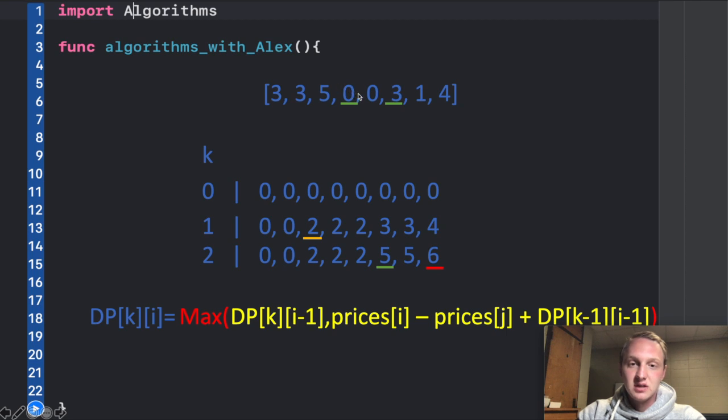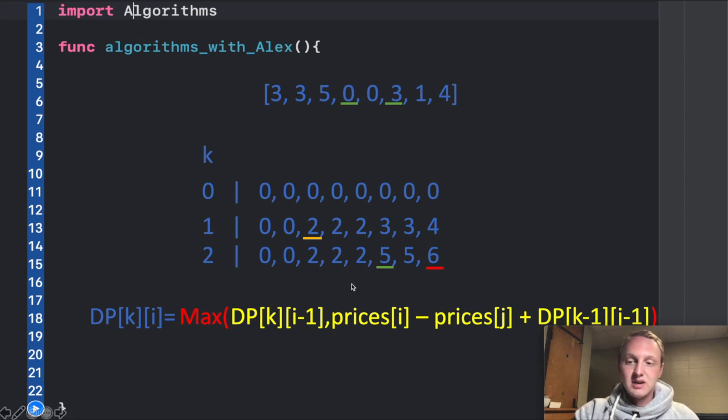This is the day we bought our stock, this is the day we sell our stock, and this is the maximum profit that we could get before buying our second stock, before completing our second transaction. So this is going to be our dynamic programming formula, and the next step would be efficiently implementing it.